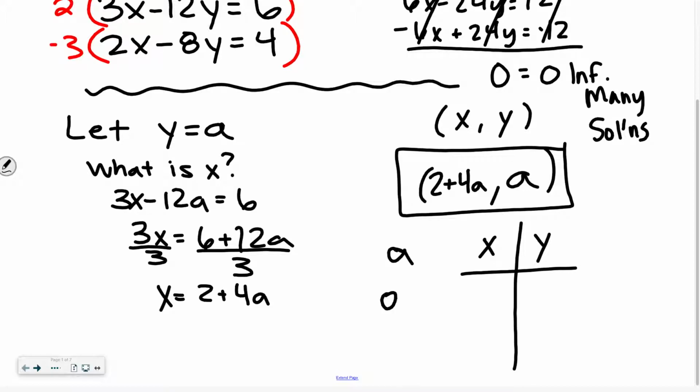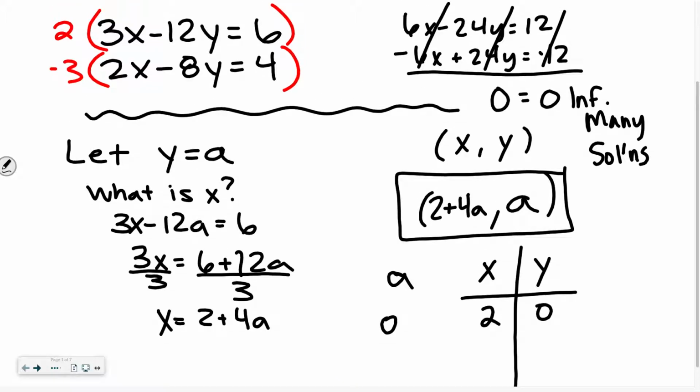If A is 0, then y is 0. And 2 plus 4 times 0 is 2. So 2, 0 should be a point that works. If 2, 0 was a point that worked, that would mean if I plug it into both equations, it makes both equations true.